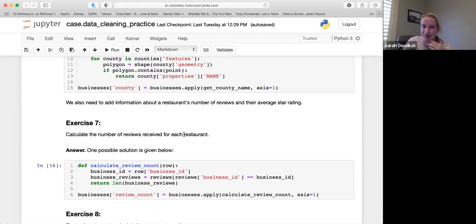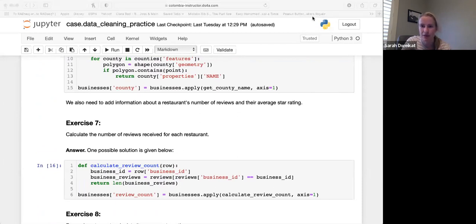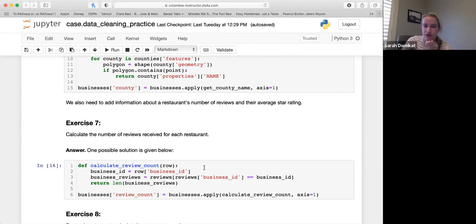It should be businesses, not restaurant, because like I said, a great point was made about there being different types of businesses here, like an insurance company and a golf club. So let's think about the code we would use for the number of reviews received for each business. We're going to define our function here, and we're going to call it calculate review count.